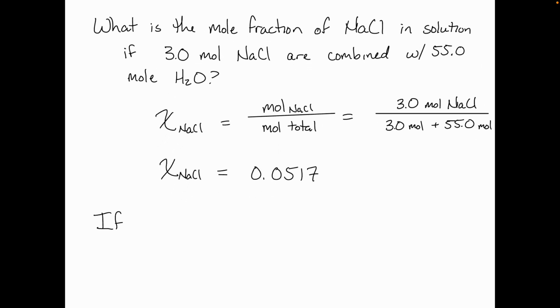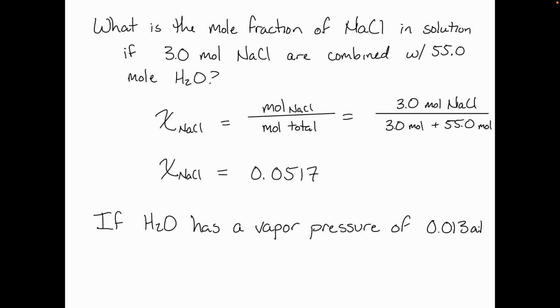All right, so now we can use this new bit of information that we learned. Let's say if H2O has a vapor pressure of 0.013 atm, what is the vapor pressure of this solution?